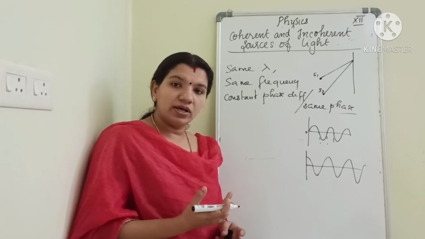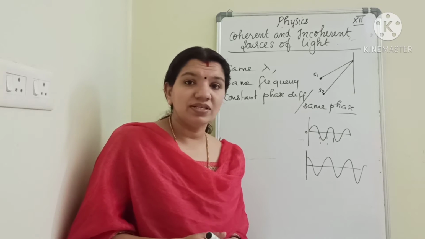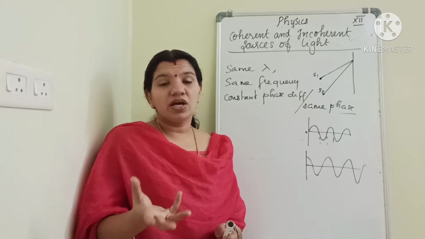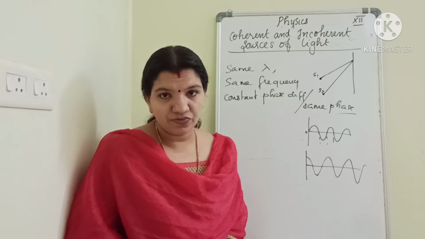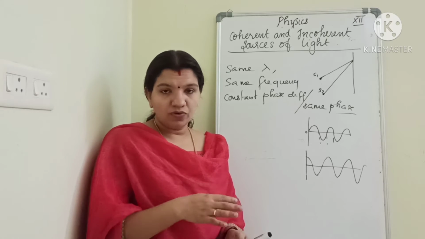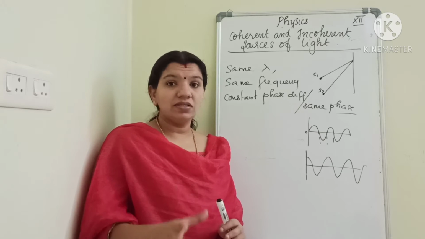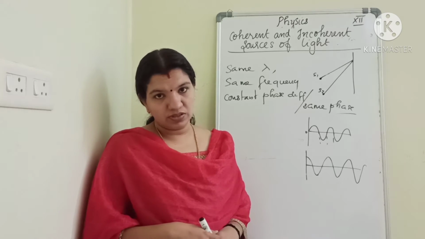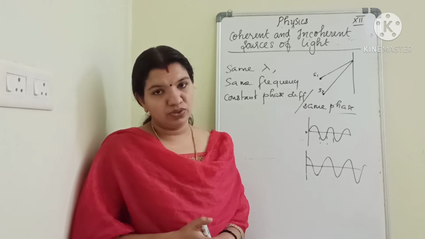So what is an incoherent source? Incoherent sources are the sources of light which emit light waves which are not in phase, or where there is no constant phase difference. Even though they have the same wavelength and the same frequency, if the phase is not constant, we call them incoherent sources. So that is the distinction between coherent and incoherent sources.